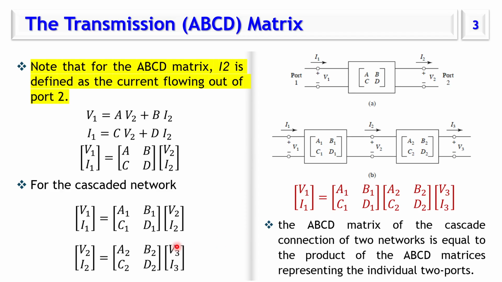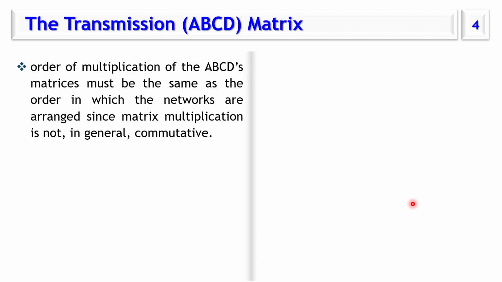When we cascade them, we just replace V2, I2 with this right hand side, and we'll have this expression. So the overall system performance after cascading the two networks is the direct multiplication of the transmission matrices. And this is the main advantage or main feature of the ABCD matrix.